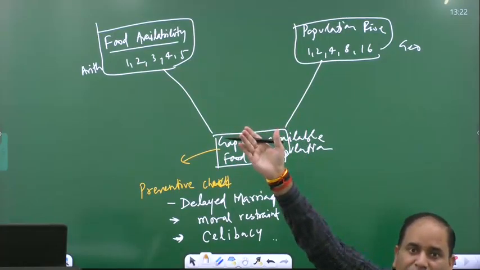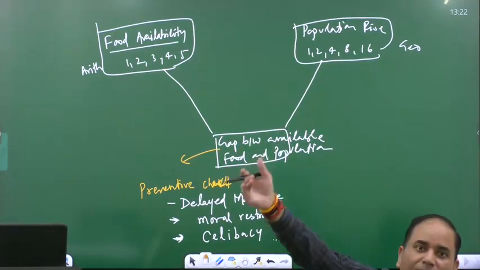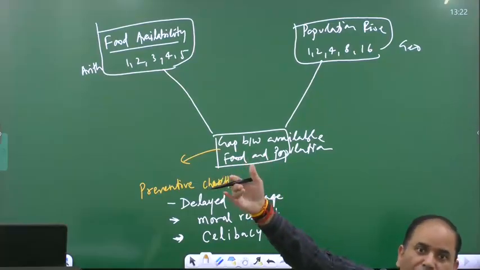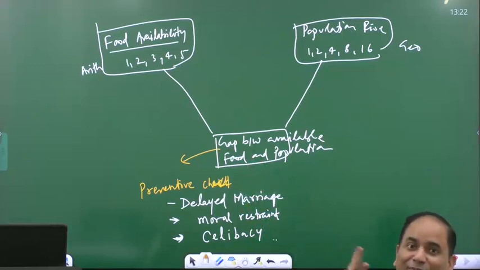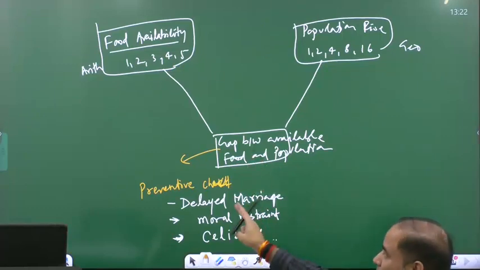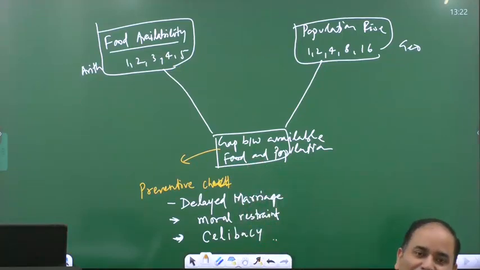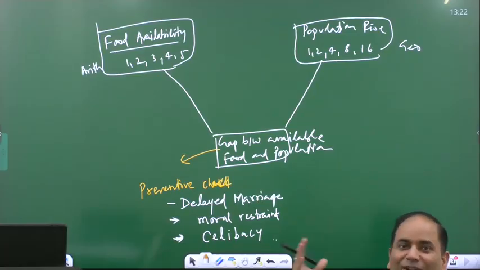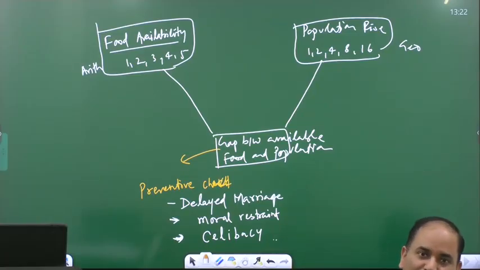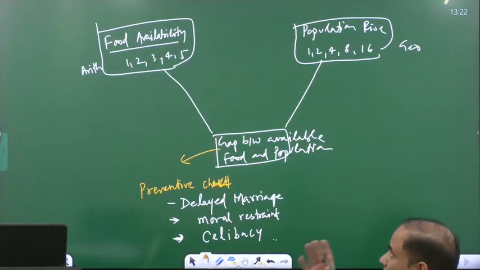Family planning measures like condoms were very frequently used, but Malthus has not suggested that. So this is a very big question: whether he really was unaware or was intentionally not suggesting it. Anyway, come to the theory.